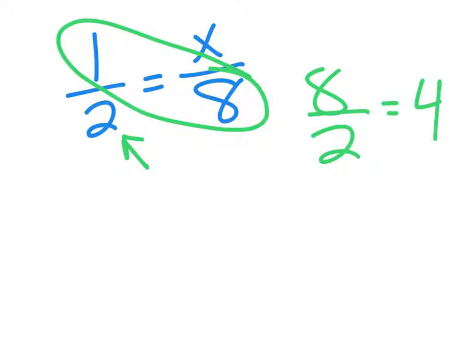So all we have to remember is to multiply the side that's opposite of our x first. Since x is here, that's why I chose to multiply 1 times 8 first. So multiply opposite of the x first, and then divide by the last number that we have left over. And that works every single time, no matter what case.